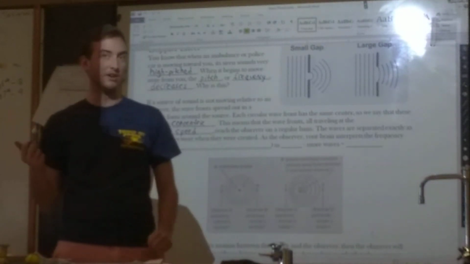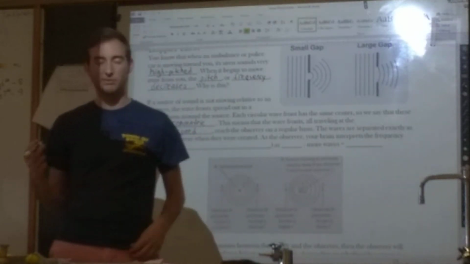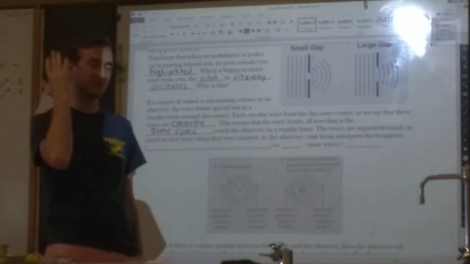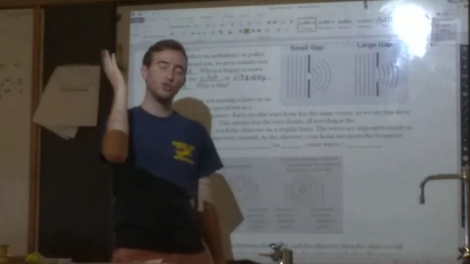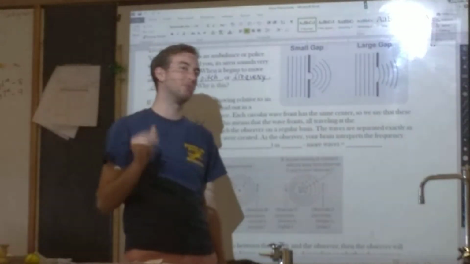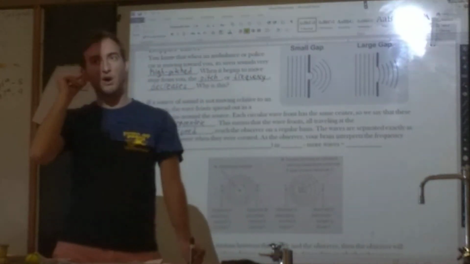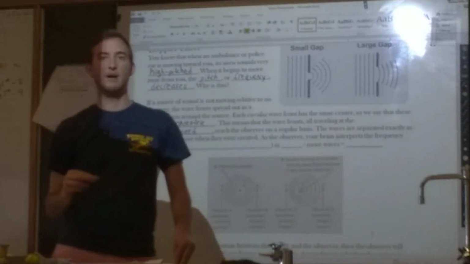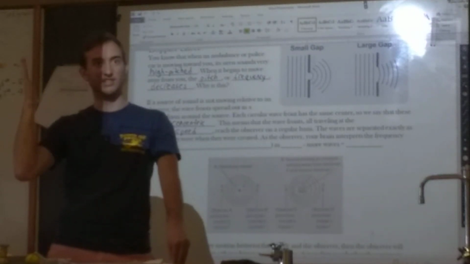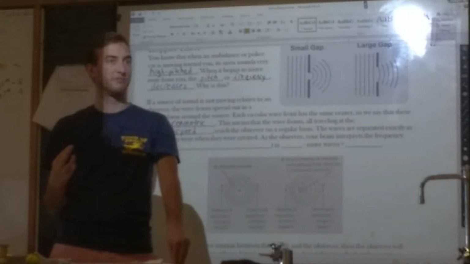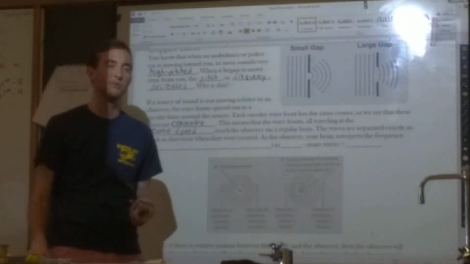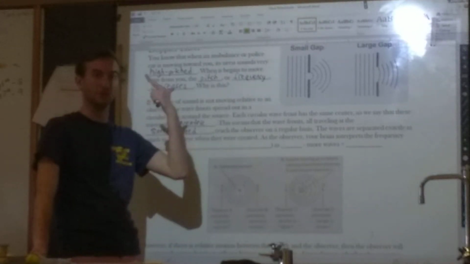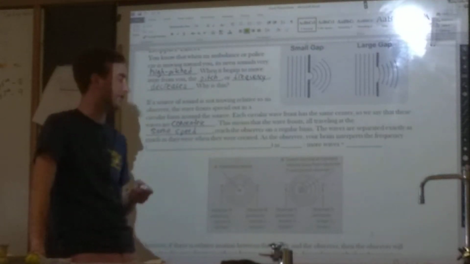So as an observer, as those waves are interacting with you, they go into your ear. The wavefronts, the air pressure differences essentially, go into your ear, and it vibrates a little bone on the inside of your ear. That little bone is attached to some nerves that go into your brain, and your brain interprets the wiggling of that bone, due to the air pressure differences that are sound waves, as some sort of pitch. How often or how frequently that bone jiggles tells your brain what pitch it is. And then you interpret that as a frequency, how high the note is.